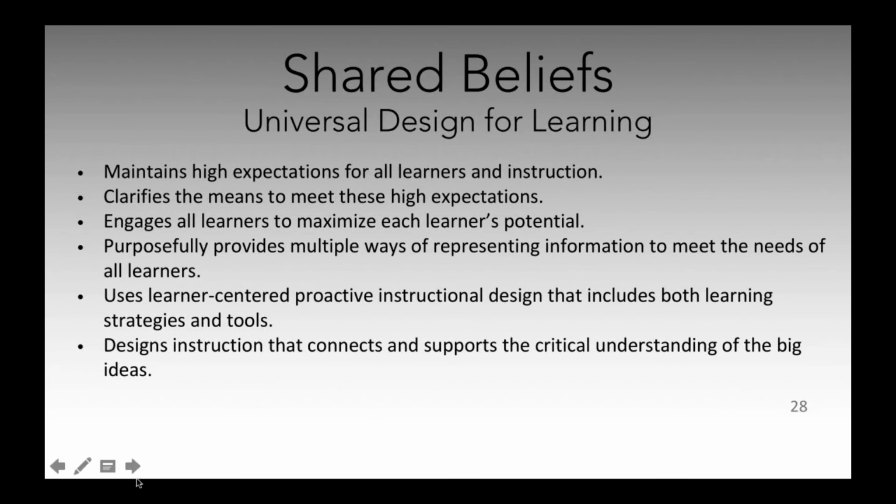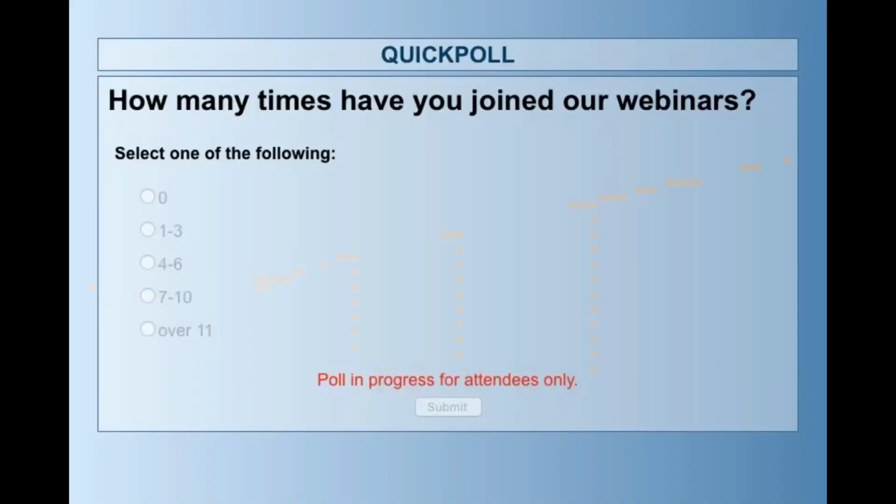I want to do one more poll just to make sure everybody's awake back there, because we're getting towards the end. Here we go. How many times have you joined one of our webinars? 1 to 3, 0, 4 to 6, 7 to 10, or over 11. It's always fun to kind of gauge this just to find out where everybody's at, and to make sure everybody's awake out there as we're going into the home stretch, because the next stuff that's coming, I don't want you to miss anything.